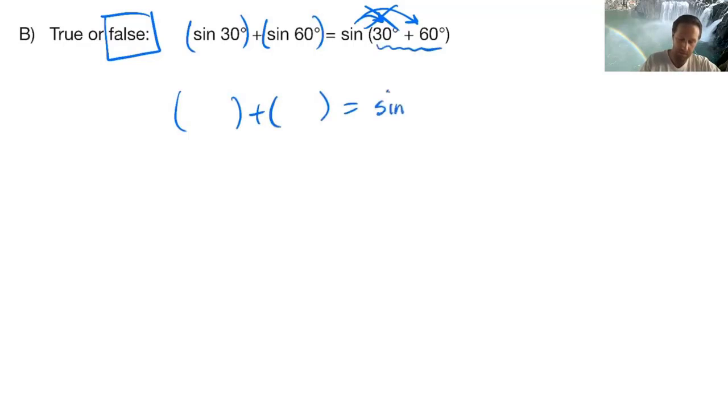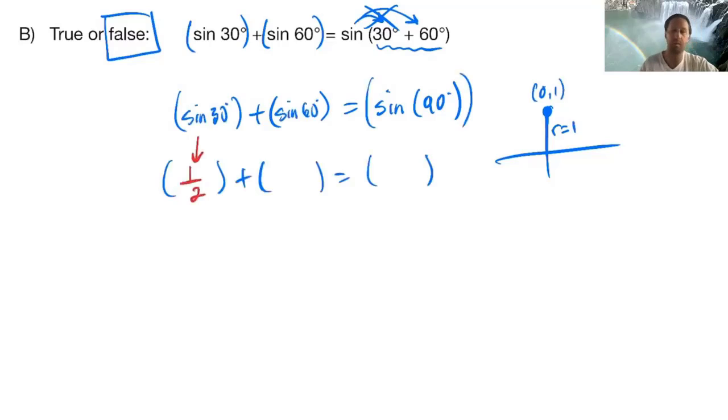So it's just going to be the sine of 90, which is a quadrantal angle, which if they don't tell us what the radius is, we'll choose a radius of 1 because it's the easiest one. And therefore we know that point. So evaluating all of this, again, if you have it memorized, boom, done, 1/2 immediately.